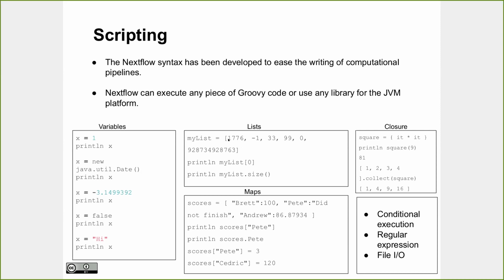You can make lists, access lists, make dictionaries or maps. You can also create closures, which are similar to lambda functions in Python, and also do conditional execution, regular expressions, and file output operations. So you can do all of this Groovy code within your Nextflow main script to manipulate your workflow as it goes.